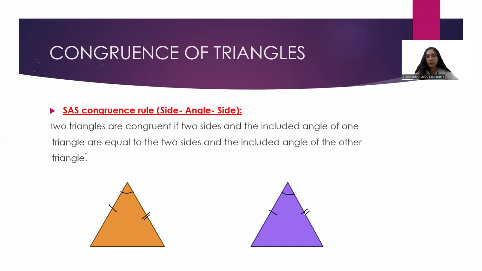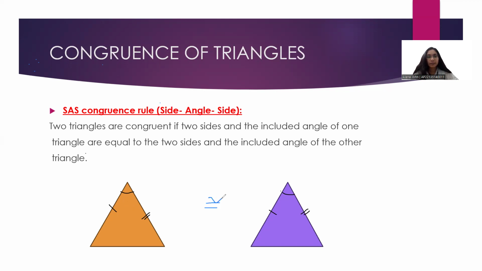Then between the two equal sides one angle is forming, right? And if this angle is also equal for the two triangles, then we say that by SAS congruence rule, these two triangles are congruent.